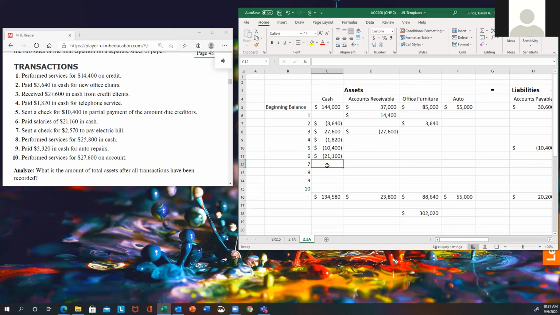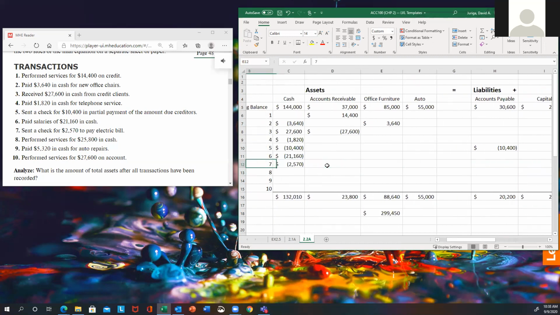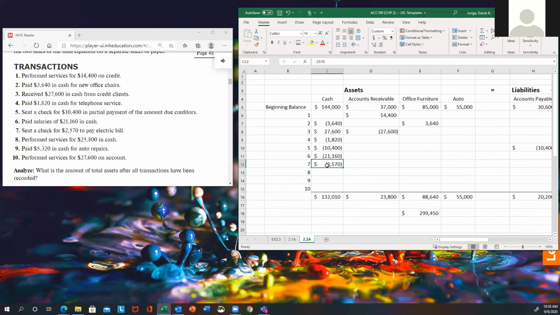So I'll put minus 2570 in cash, and on my expenses, same thing. At this point, every time you see an expense, just always enter a minus 2570. Okay.